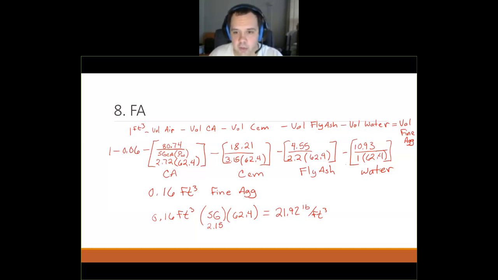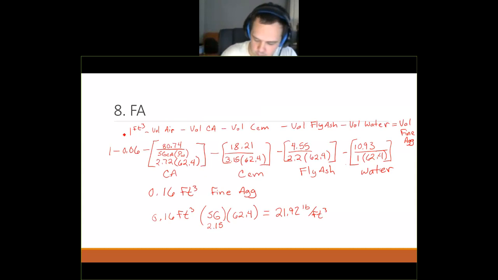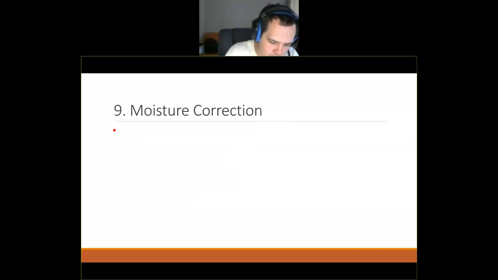All right, so now I have each weight of the constituents. So here is where I can go ahead and start making my moisture correction. Okay, so my moisture correction is to adjust the mixture to compensate for the aggregate being too wet or too dry. In this case, I made the aggregate too dry. So the fine aggregate I said was minus 1.1%.